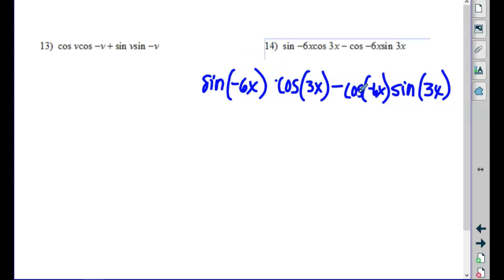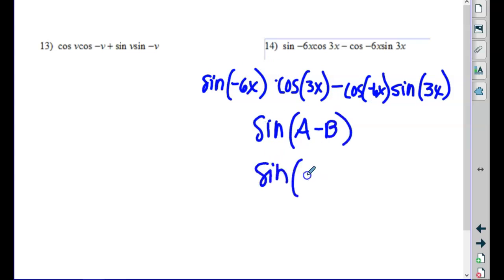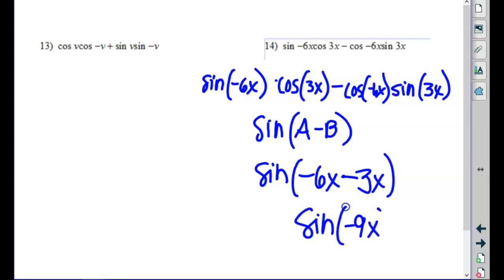So sine times cosine minus cosine times sine is sine A minus B, you said? I'm trusting you. Okay, and A is what? -6x, and B, it says minus B, and B is positive 3x. So we end up with -9x. Now, look one more place for me.